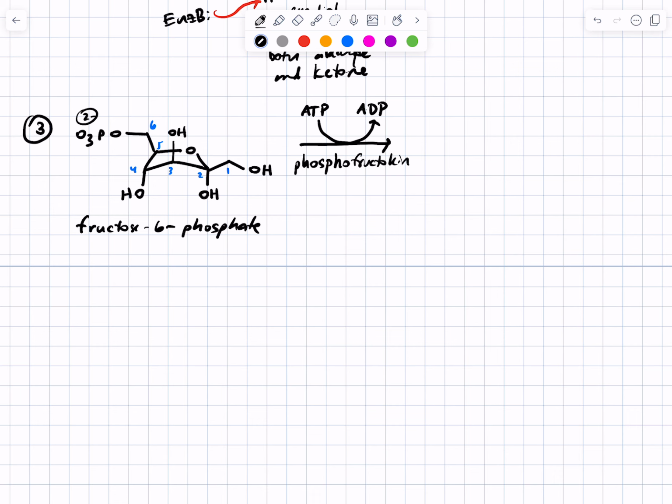Phosphofructokinase. All right, so here we go. ATP, again, phosphoanhydride bond on ATP is going to convert the C1 hydroxyl into a phosphoester.